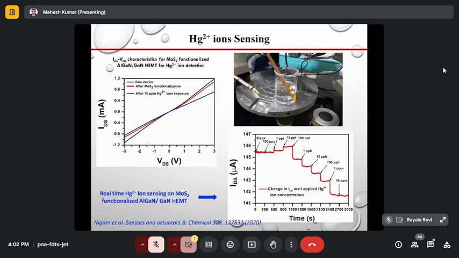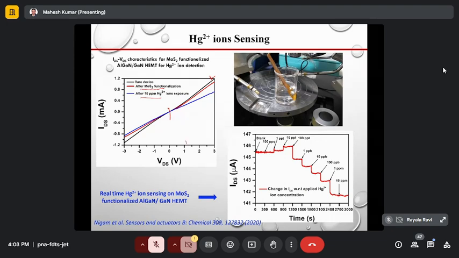Next, we have done current-voltage measurements. This is our bare device. After decorating with MoS2, there is a slight change in the current. And next we put in 10 ppm of mercury ions, and we saw our current changing.